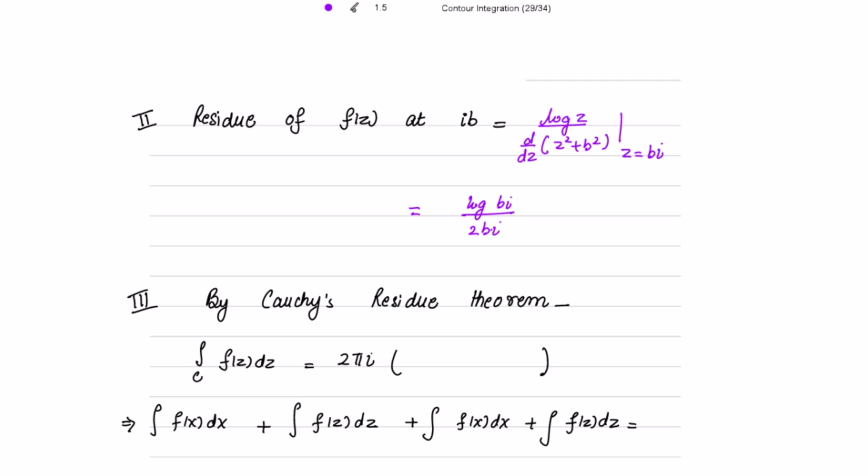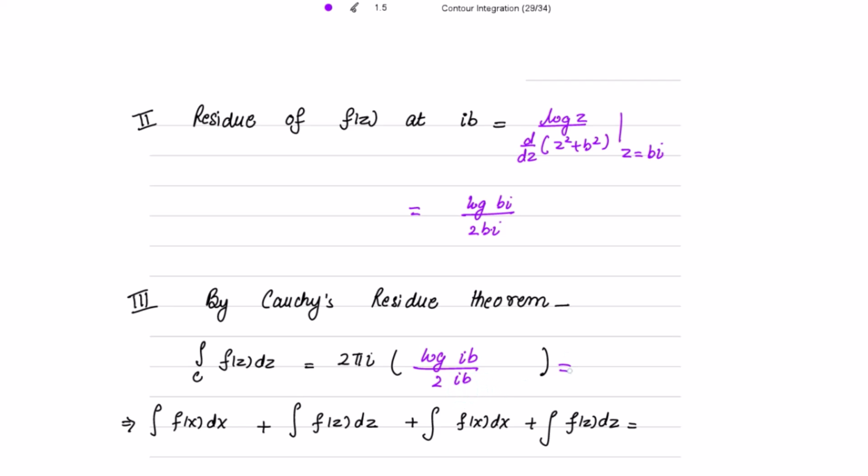Now by Cauchy's residue theorem, the integral over C of f(z) dz is equal to 2 pi iota times the calculated residue, which is log of b iota over 2b iota. Okay, let me write it as iota b only so that there is no confusion.